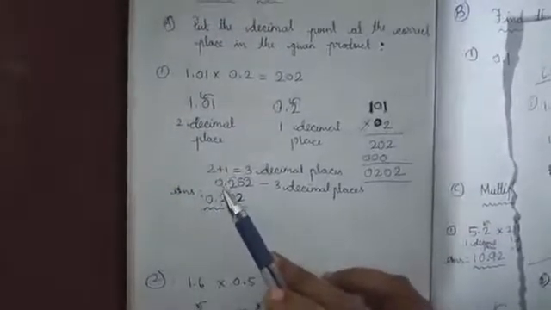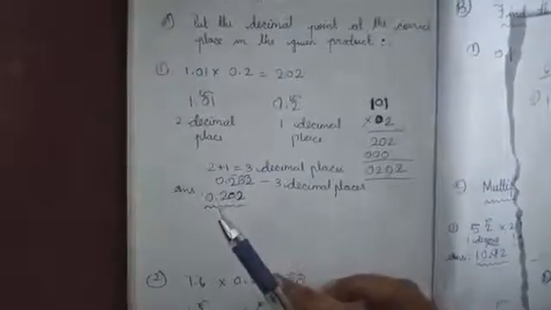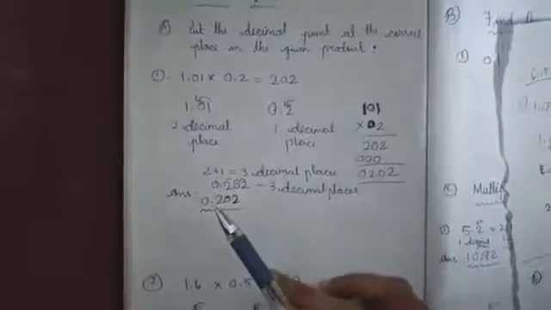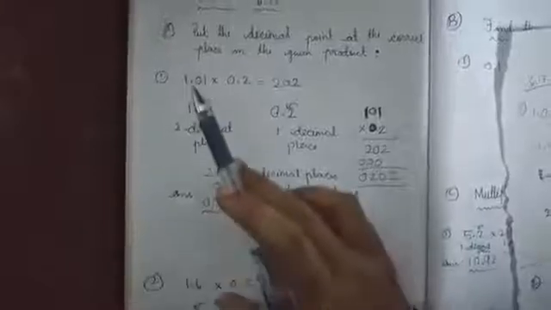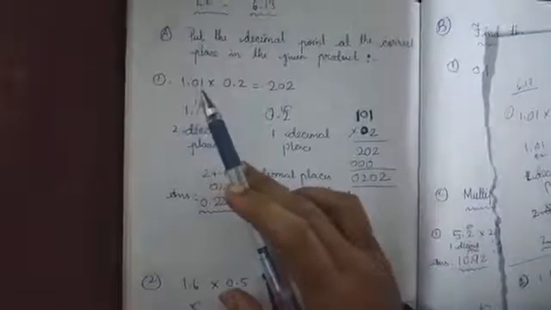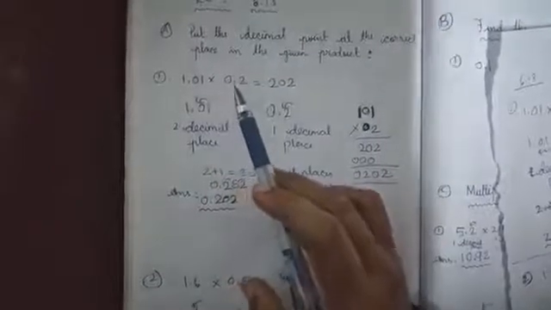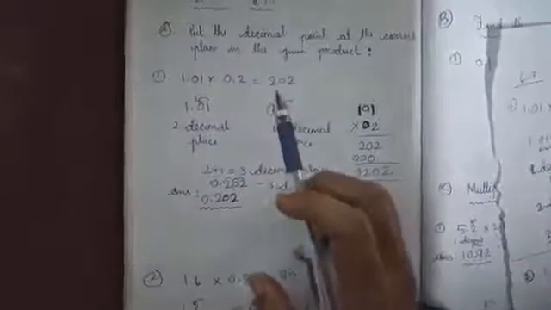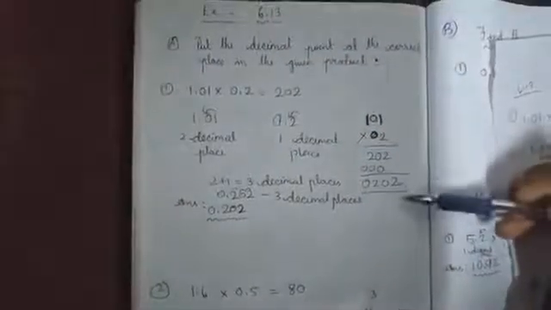Then the next number after the decimal point. So let us read the sum: 1.01 multiplied by 0.2. The answer is given as 202. If you multiply, this will come.